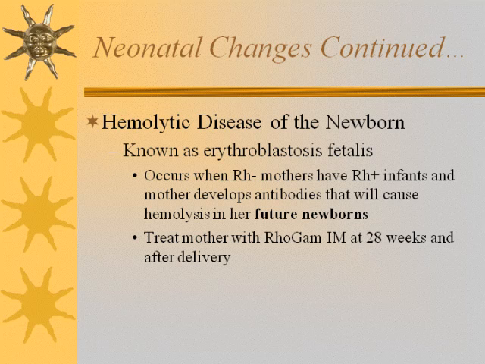So basically, we check mothers in the very beginning to determine whether they're Rh negative or Rh positive. If they're Rh negative, then we give them RhoGAM at 8 weeks of gestation and then right after delivery. Because if we don't, not in that first baby, but in their second baby, if they go on to have another baby, those antibodies are circulating in that mother and they're automatically going to go against that baby's red blood cells and break them down.